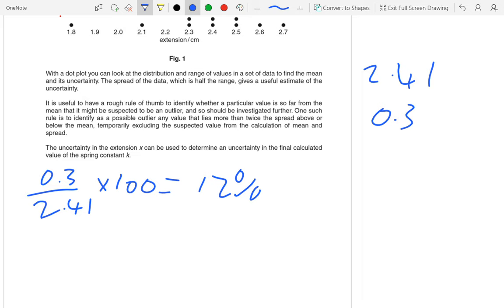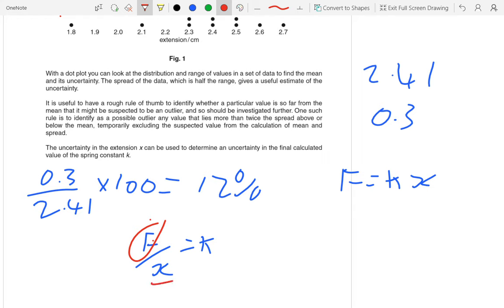And then we look at what's the equation for spring constant, so F equals Kx, so F over X equals K. So in this case, if there's no uncertainty on F, then it's only the uncertainty on X that matters, and I'll get an uncertainty on K.